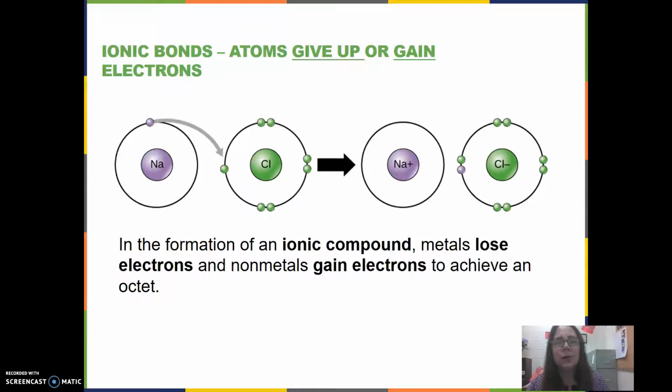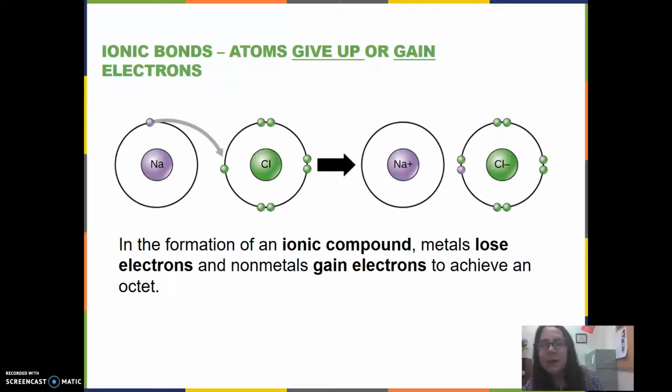Covalent bonds are the strongest chemical bonds, but now we're looking at ionic bonds, which are a little bit weaker, but they form in a different way. Ionic bonds form when atoms give up or gain electrons, and then they form charged atoms, which are called ions. And the ions with opposite charges are attracted to each other.